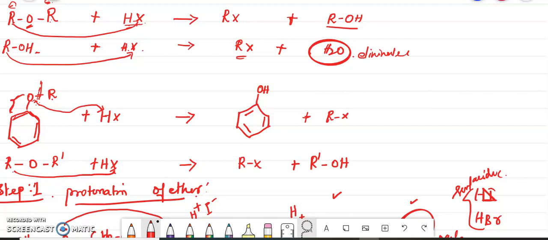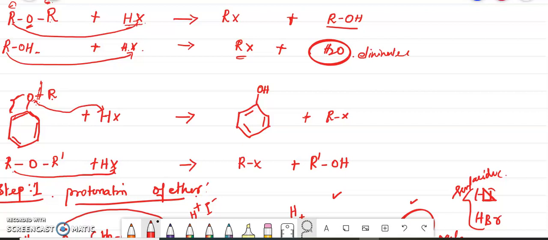The reaction of a dialkyl ether gives two alkyl halide molecules. That means RX, the alkyl halide, and an alcohol.